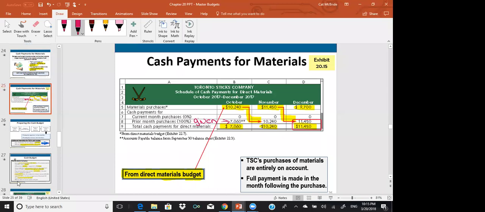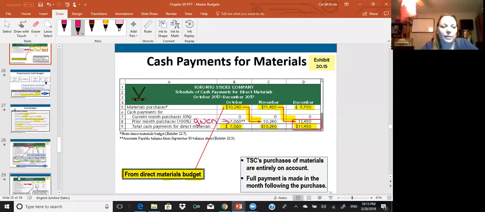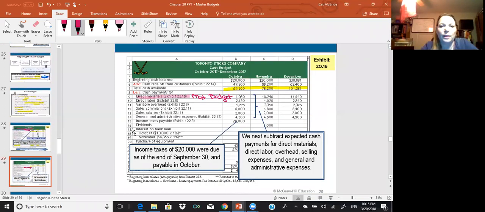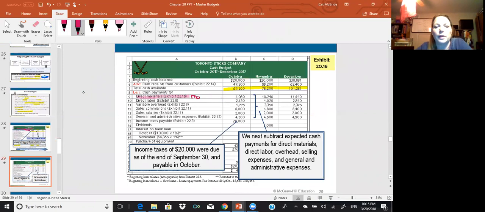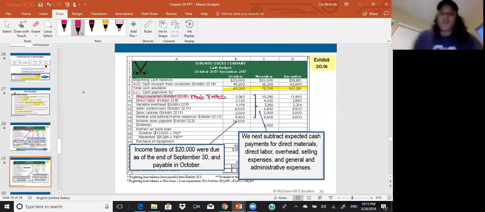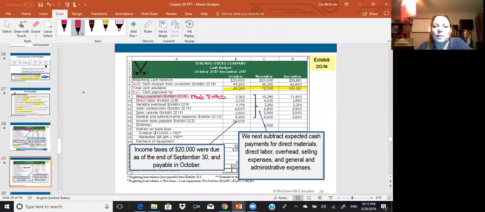So this is just for cash. That's right, because we're doing the cash. This is just cash. Got it. We have material payments.